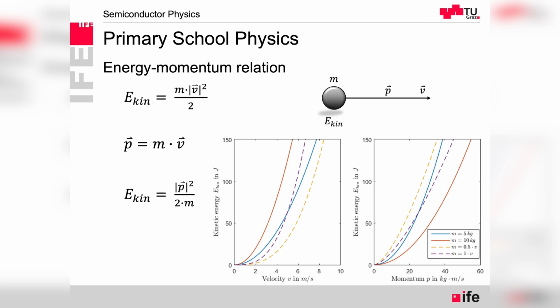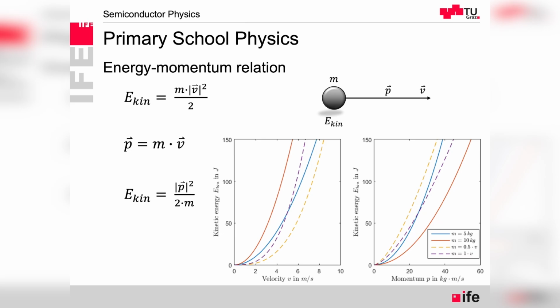the wave vectors, let's step back to talk about the energy and the momentum relation. First, what we know from classical mechanics. The kinetic energy is described by the mass times the velocity squared divided by 2. We can plot the kinetic energy as a function of velocity, and it will be different depending on what the actual velocity is and what the mass is.